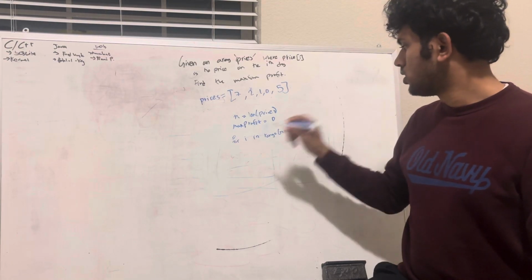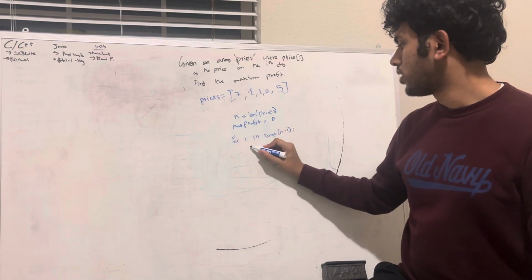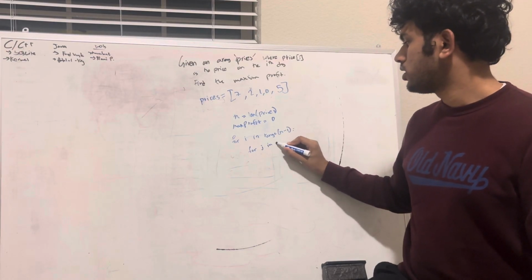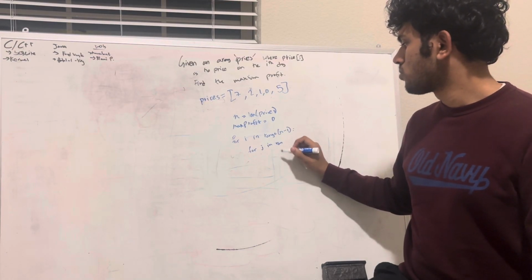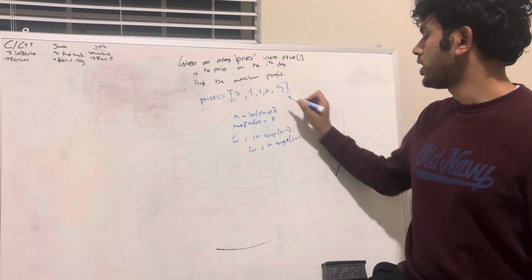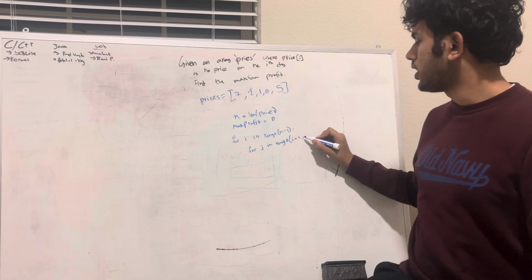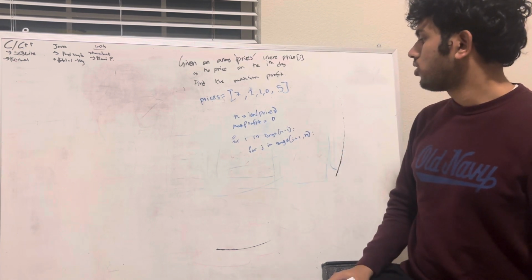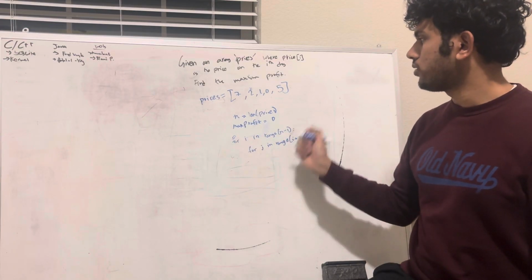Within that we have to write another for loop: for j in range i plus 1 to n, because we only have to worry about the remaining values, ending with the last value. Now within that we have to check the price.